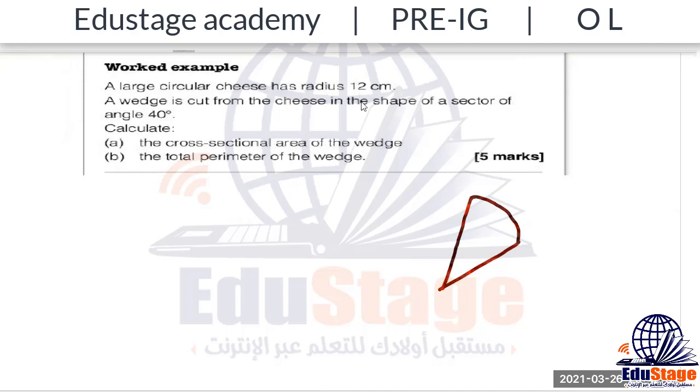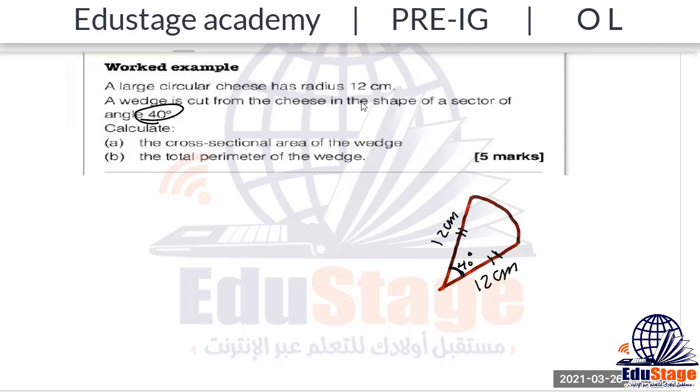Here he said the radius is 12, so this one is 12 centimeter. And the angle is 40 degrees. So this also is 12 because they are equal. So this one is 12 also.